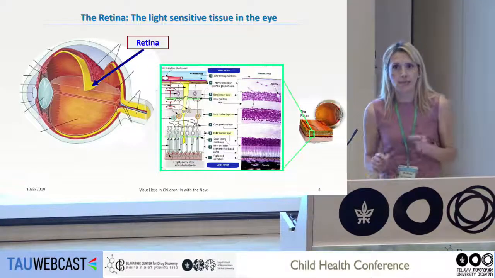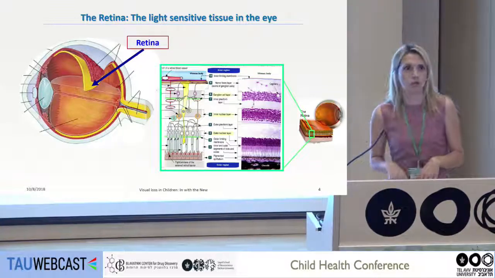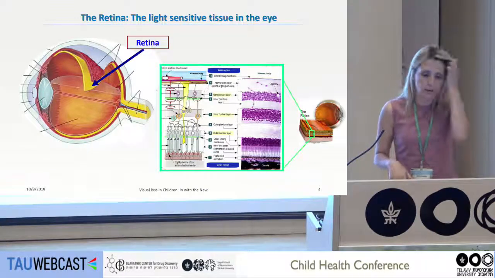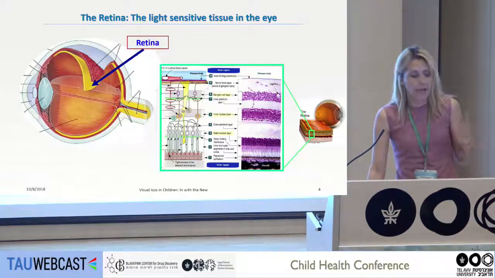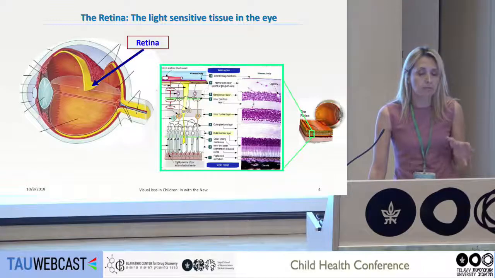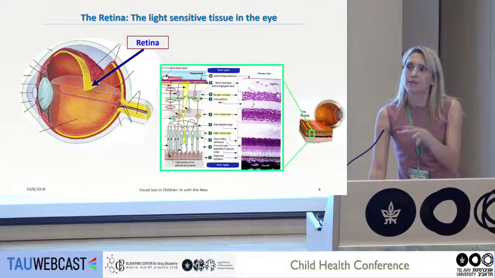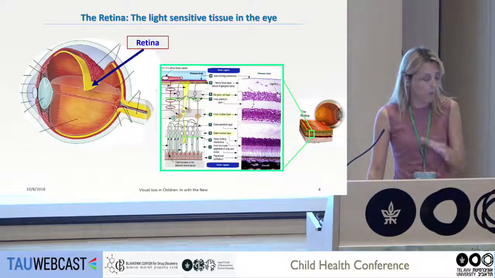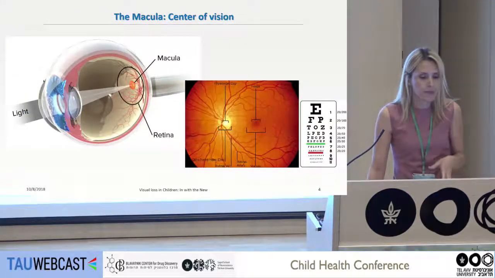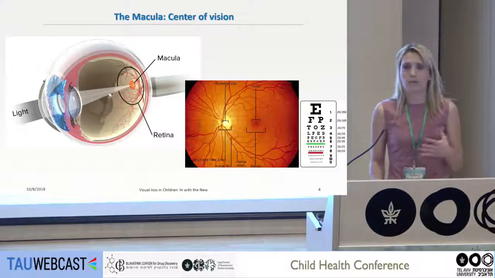The retina is actually a direct extension of the brain, and normally it has a multi-layered structure with several layers of neurons that are interconnected by plexiform layers of synapses. Underneath the retina are the retinal pigment epithelial cells, and in the RPE, together with the photoreceptors, is the compartment where the phototransduction actually takes place. The center of the retina, or the macula, is also called the center of vision.